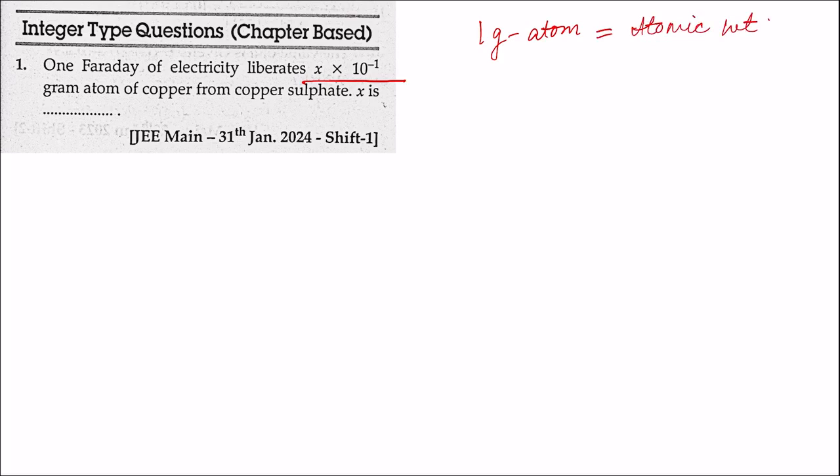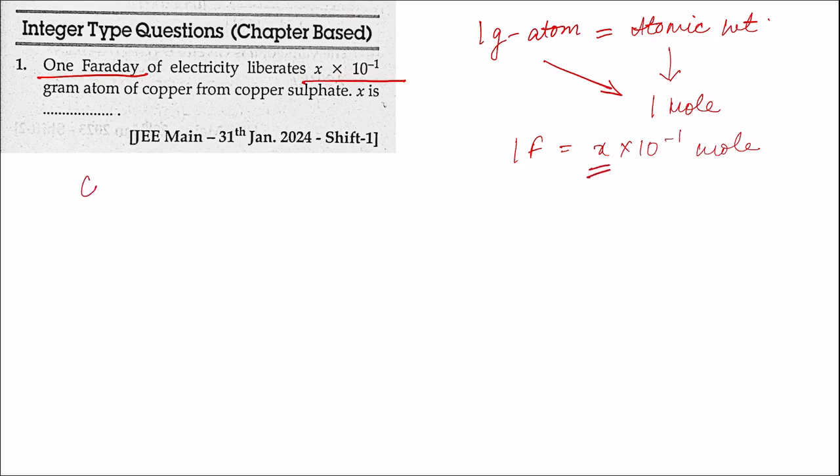Now atomic weight is also equal to 1 mole. So 1 gram atom can be said to be equal to 1 mole of the substance. So according to this question, 1 Faraday of electricity liberates X into 10 to the power minus 1 moles of copper atom. You have to find out the value of X.